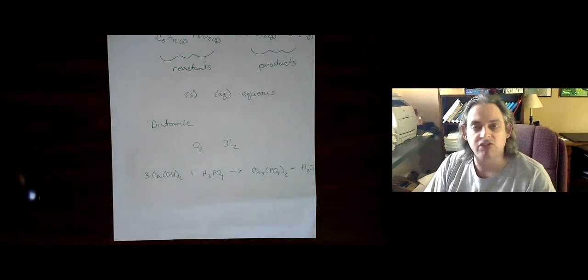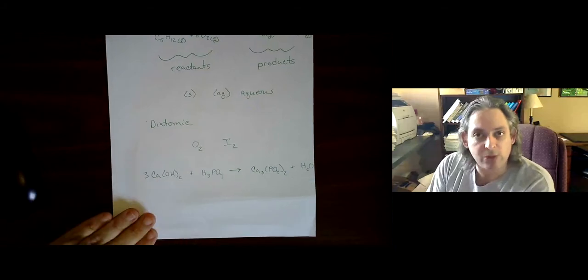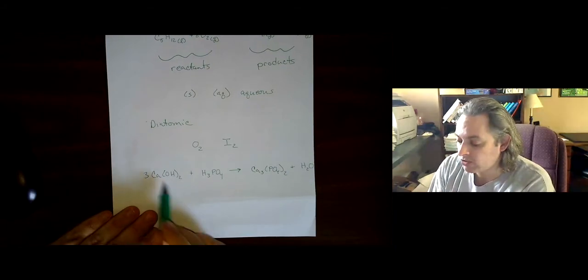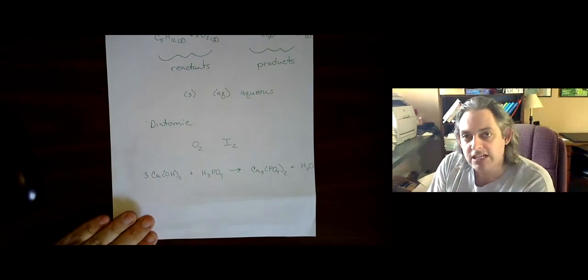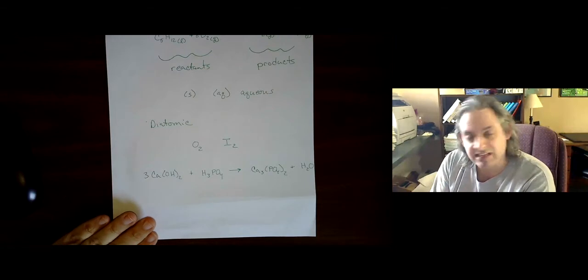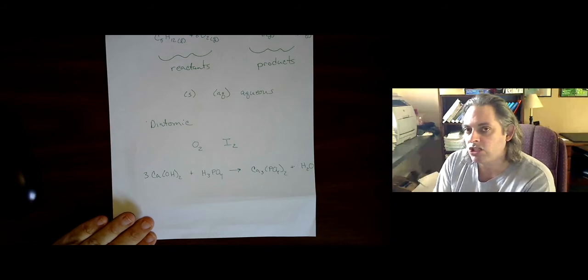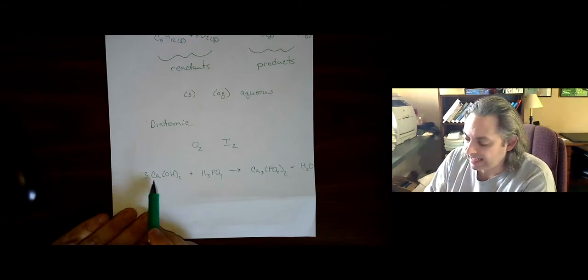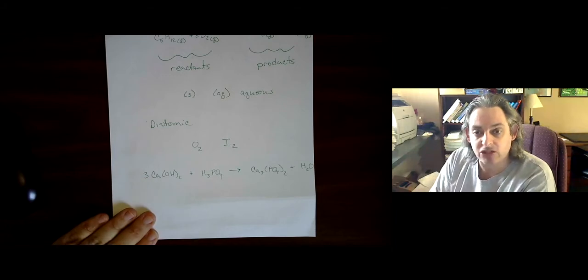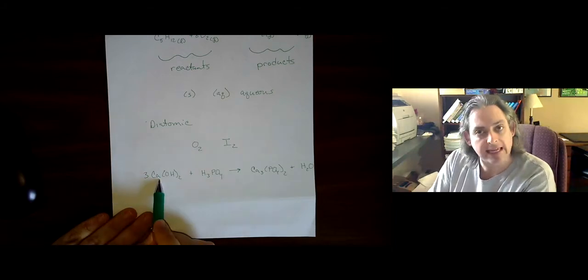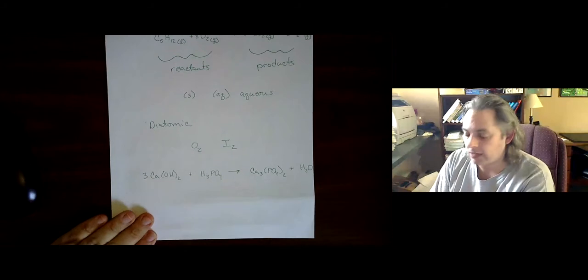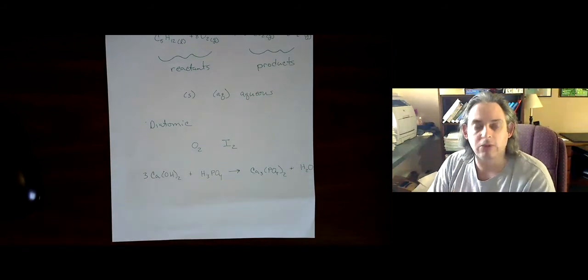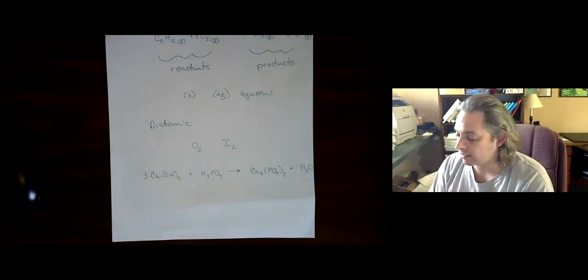We change the coefficient. Never, and I will repeat, never change the subscripts on your compound. Changing the subscripts changes the identity of the compound, and we don't want to change the identity. All we want to do is show that we have more of those particular compounds. In this case, we have 3 calcium hydroxides. And so we have 3 calcium atoms and 3 calcium atoms. So our calciums are the same on both sides in the reactants and the products.